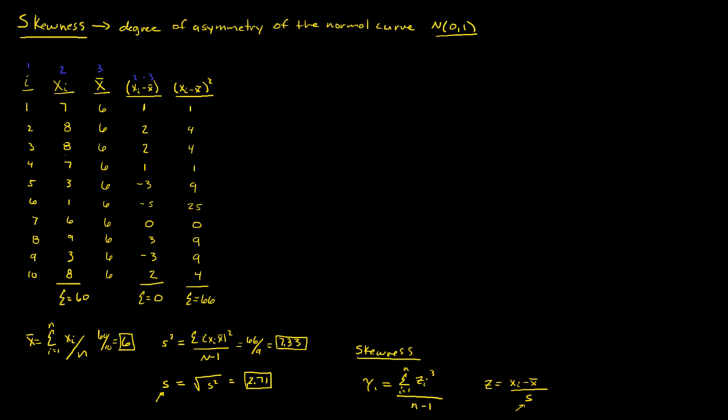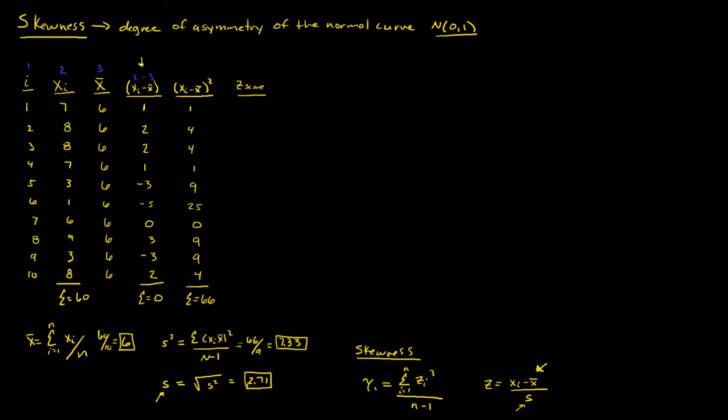Well, the numerator we've already calculated here. This piece right here for z-score is a deviation score, x minus x bar, and that is this piece right here, right? So we already have that column. And so all we have to do now is create a column that says z-score, and we can just show the math on the first one.